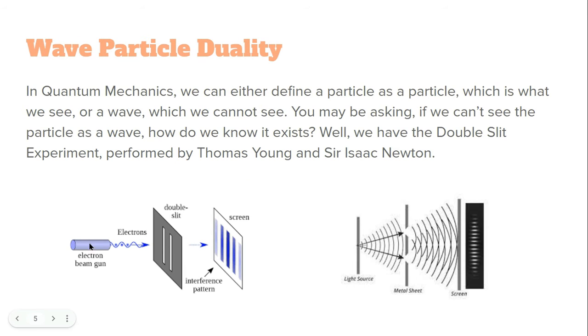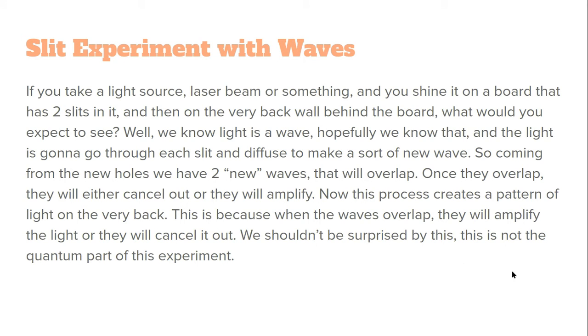In this image, don't worry about the electron beam. I'm going to pretend this is a laser. So we have the laser shining through. Right here we have the light source, which is shining through as waves, because light is a wave. Then these two slits diffuse it and make a new wave at each slit, and they're going to overlap to make sort of a new wave.